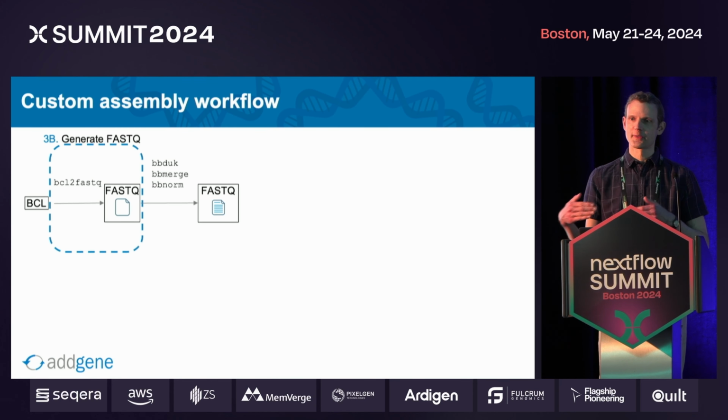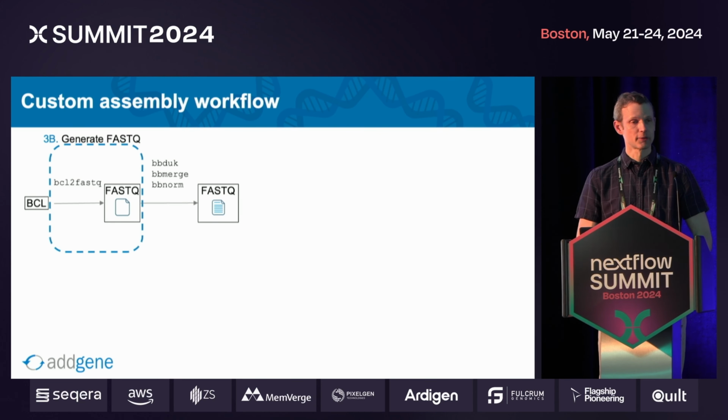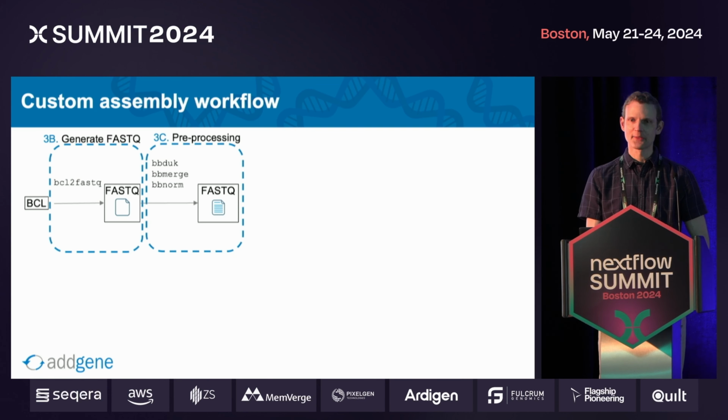We then merged some of the overlapping paired reads to make longer reads. And then the BBNorm process just to even out the coverage distribution for those samples so that it was faster for the assembler, as well as improving its success in assembling all of those fragments together. So after these pre-processing steps are completed, we've got a FASTQ file that's ready for assembly.